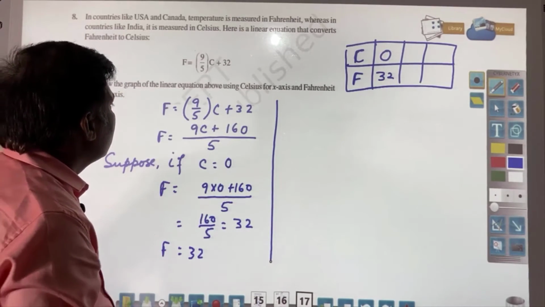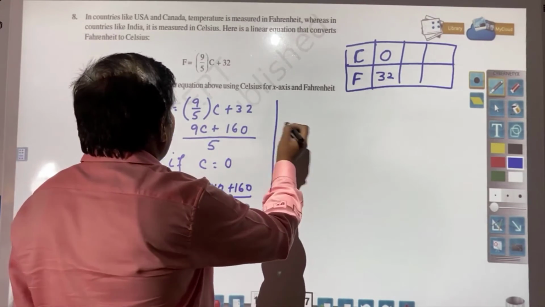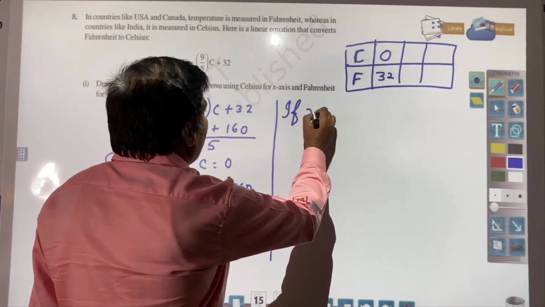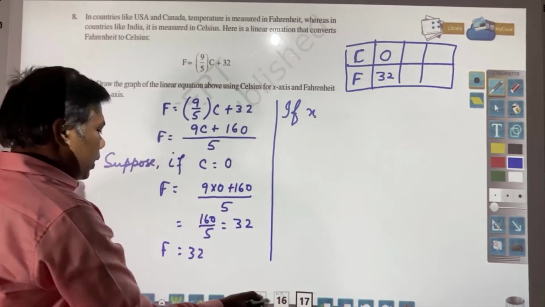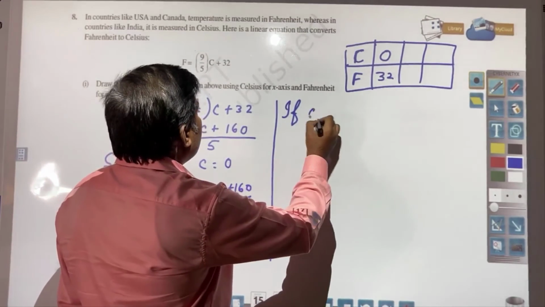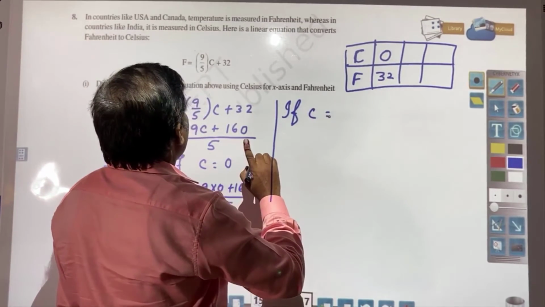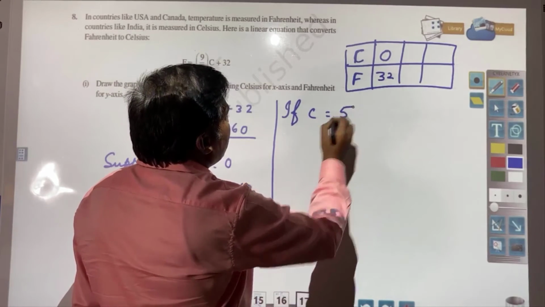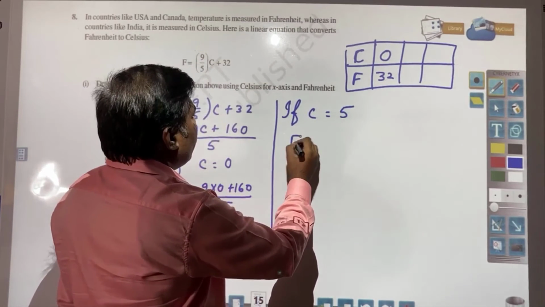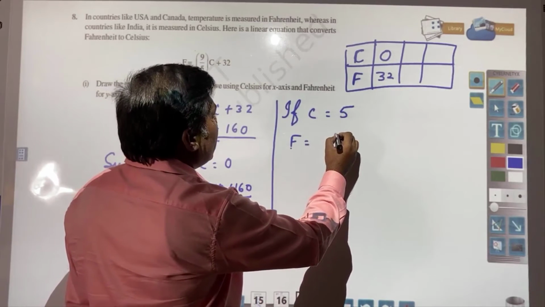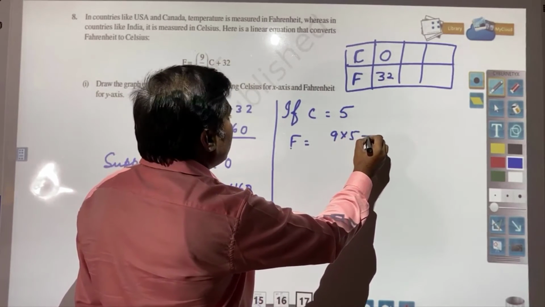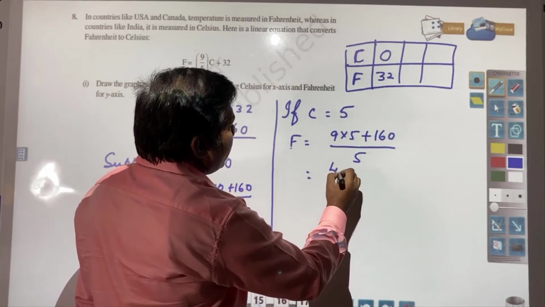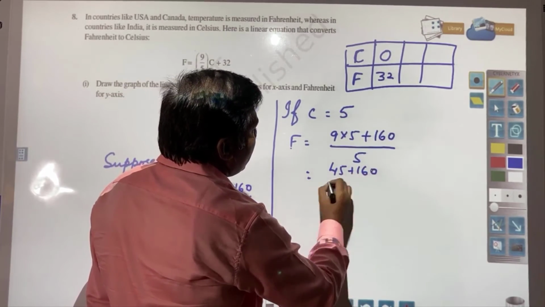Suppose we are putting x, or we will write C. C is equal to 5. In this case, F will be equal to 9 into 5 plus 160 by 5, and this will be 45 plus 160 by 5.